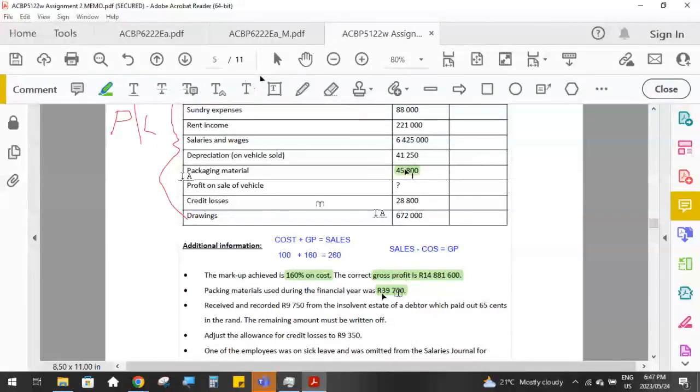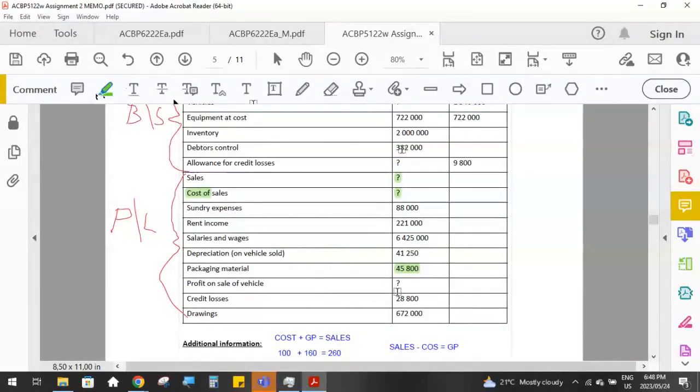Where's my calculator? The difference is 6,100. We would have credited the expense packaging material with that 6,100 and debited packing materials, consumables, as an inventory account that would then go into the statement of financial position. So the amount that must appear here on our final trial balance for the year is 39,700.